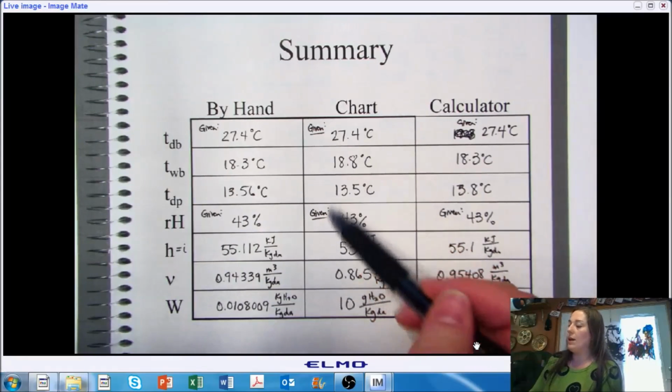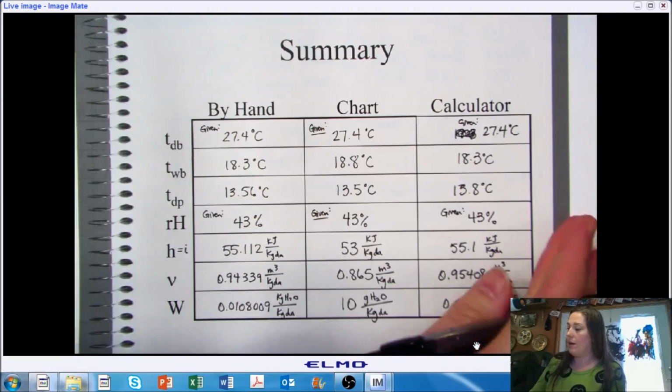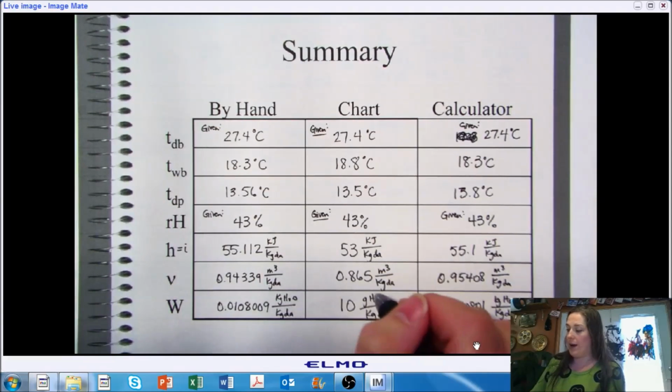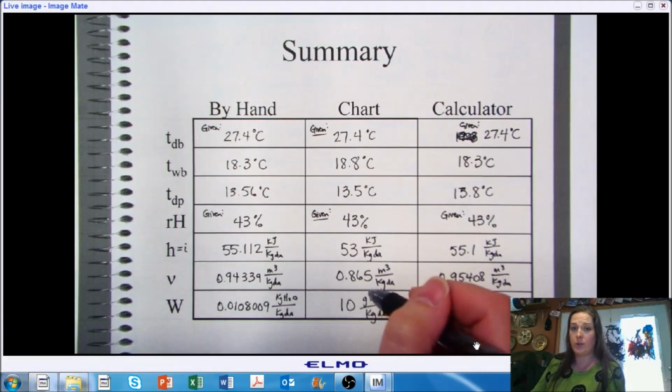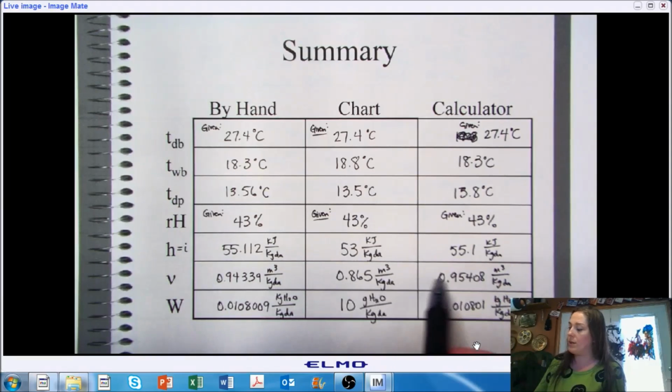So the results from the chart aren't that far off, but they are further off for anything that can be more heavily influenced by pressure. So density is more heavily influenced by pressure, and so we see more discrepancy between the two because of the difference in pressure at which these values were attained.